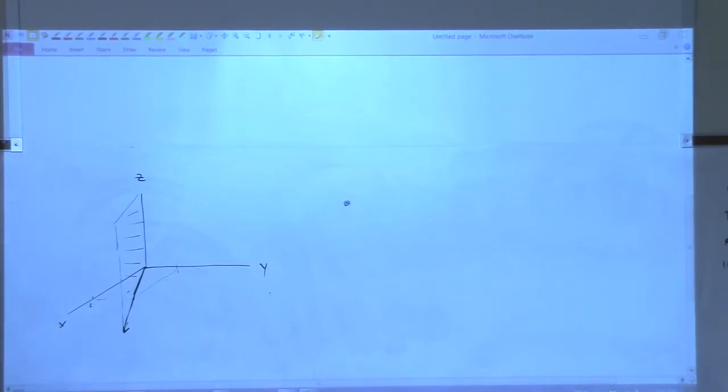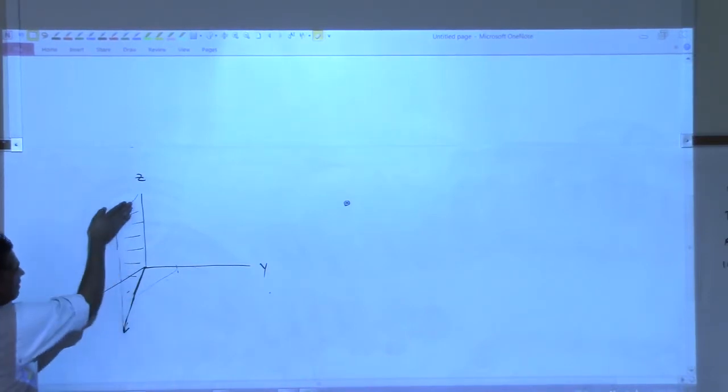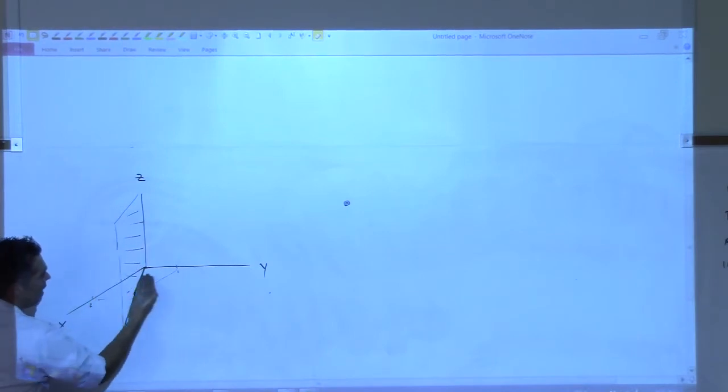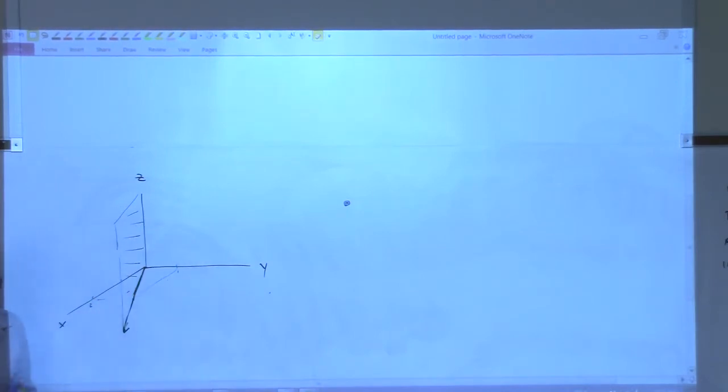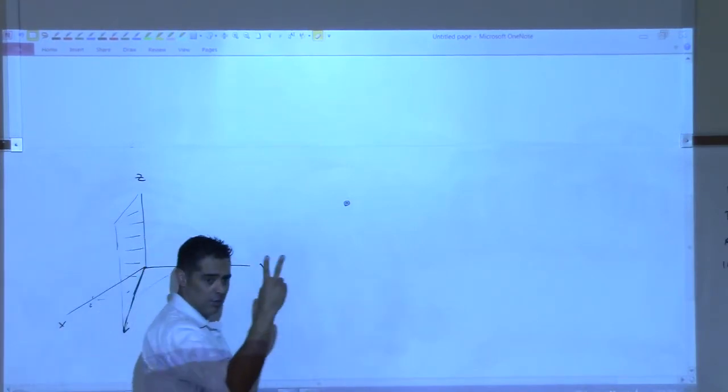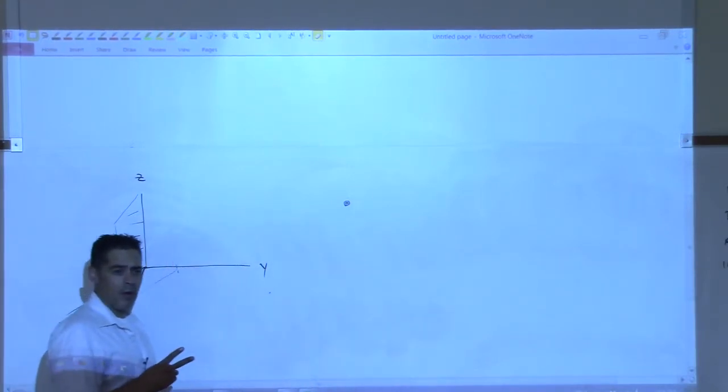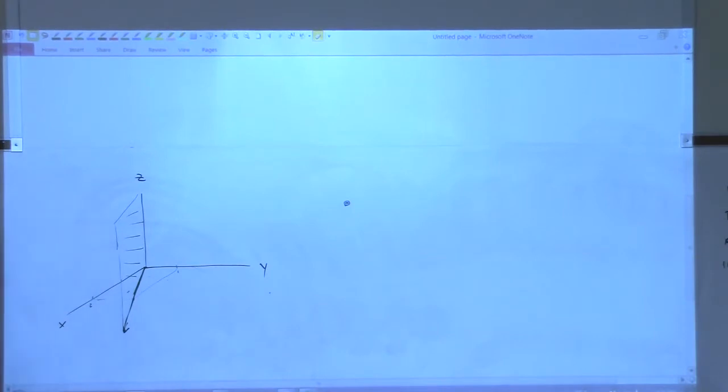Okay, so we've got this boundary wall, the ground, and then this. So we need one more thing here, close it up. The cylinder, y squared plus z squared equals 4. So that's a cylinder of radius 2 that opens which way?